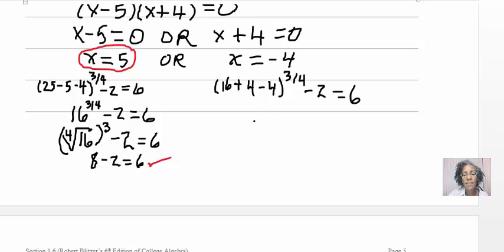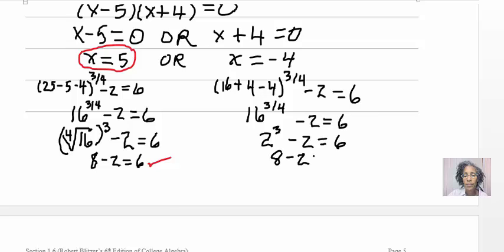So obviously I get the exact same thing when x is negative 4, because I get 16 to the 3/4 minus 2 equals 6. And we already saw that that is going to give us 8 minus 2. The 4th root of 16 is 2, and when I cube 2, I get 8. Okay, so this works as well.